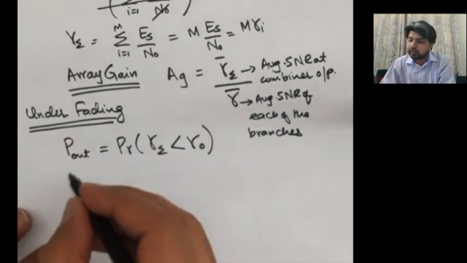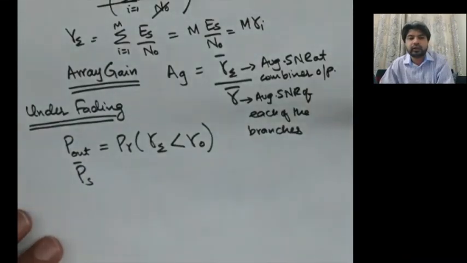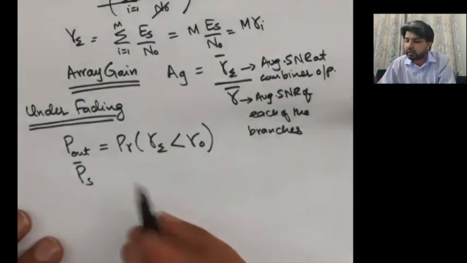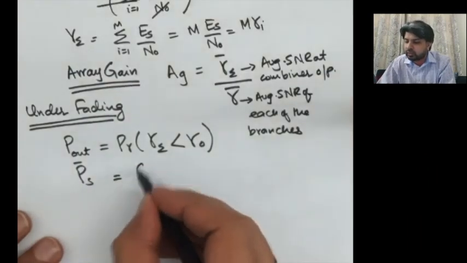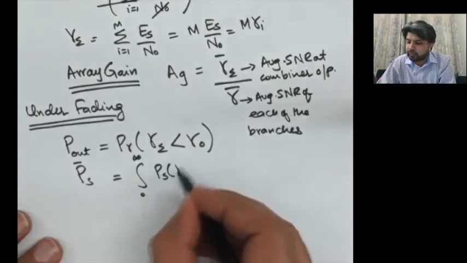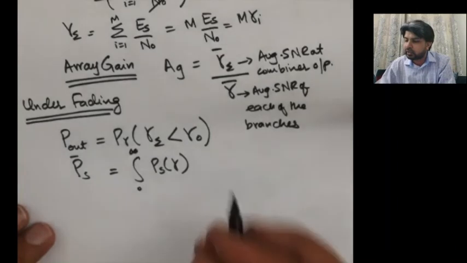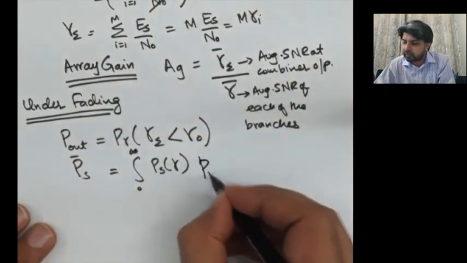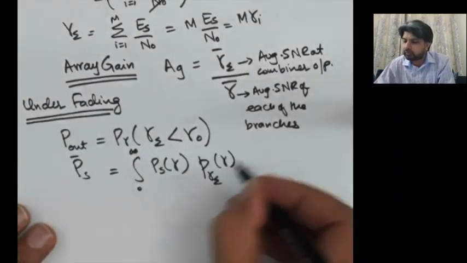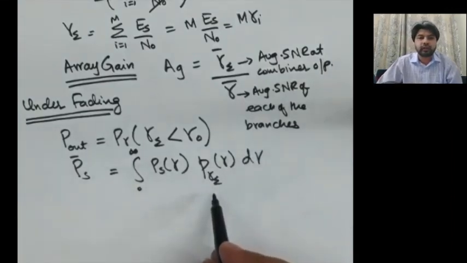Similarly, you would have the average symbol error probability as a performance metric, and that would be equal to the integral from 0 to infinity of Ps of gamma, which is your symbol error probability under AWGN, times P gamma sigma of gamma d gamma, where P gamma sigma of gamma is the PDF of the fading distribution at the combiner output.